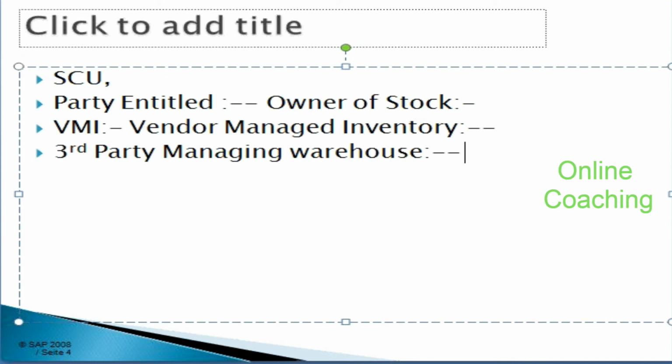So this is more like a terminology: if I want to manage who is authorized at the stock level, or who is the owner of this stock, we'll be using the word party entitled. And usually it is nothing but the plant of the ERP, in 90% of cases. Unless, suppose, I can take this example: in a particular plant, AT&T cables are maintained by Siemens.